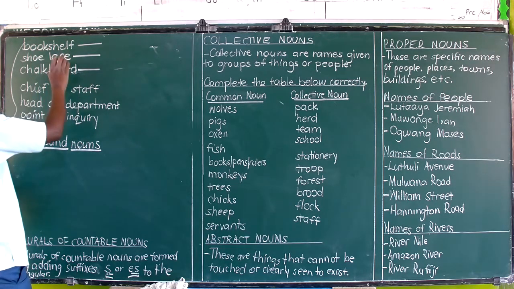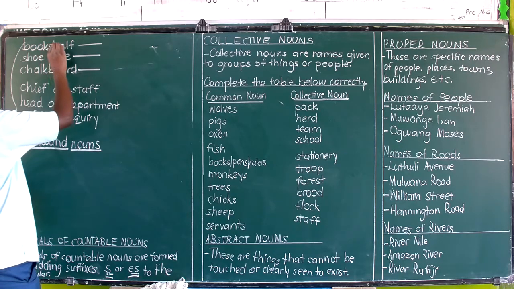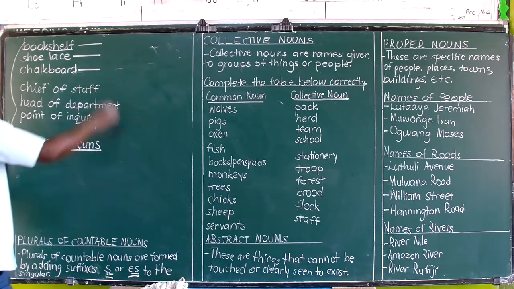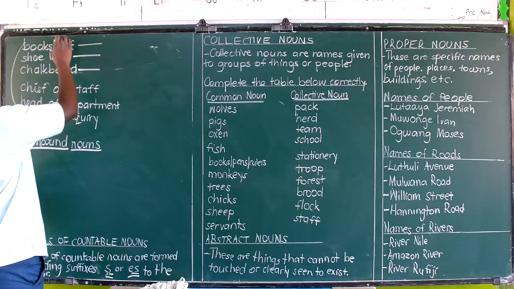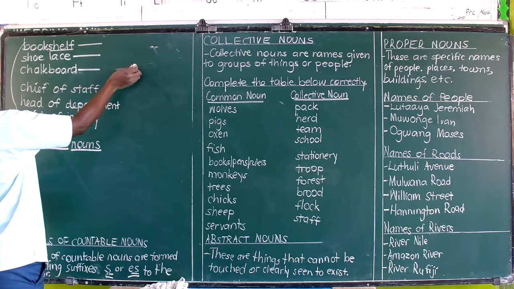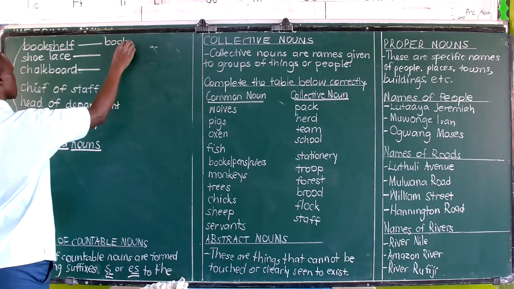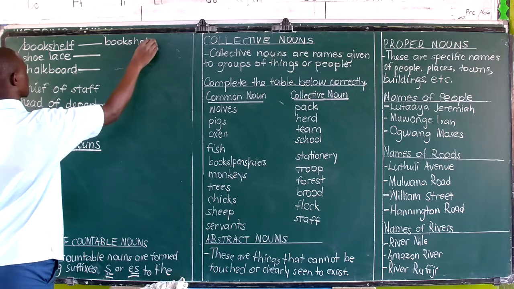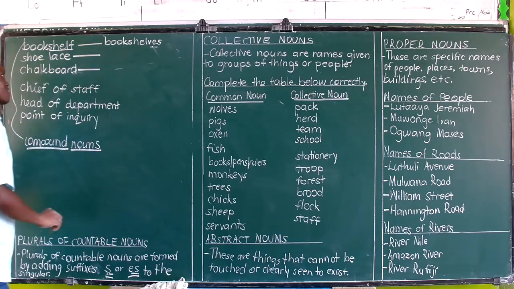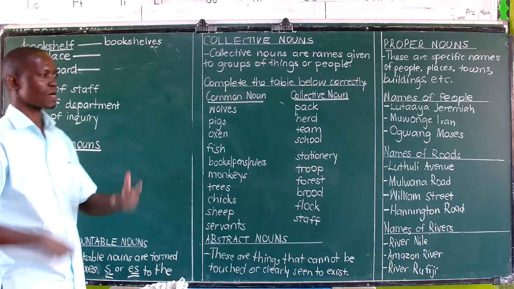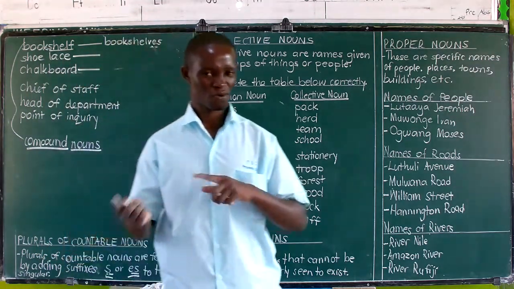This one has emphasis on the last word. In other words, the teacher is telling you that a bookshelf is not a book, but a shelf. Therefore, the plural form should be only on the last word, and that is shelf, which changes to shelves. Answer, bookshelves. The teacher gave it to you as one word, maintain that. Should be one word. What about a shoelace? Is it a shoe or is it lace? A shoelace.